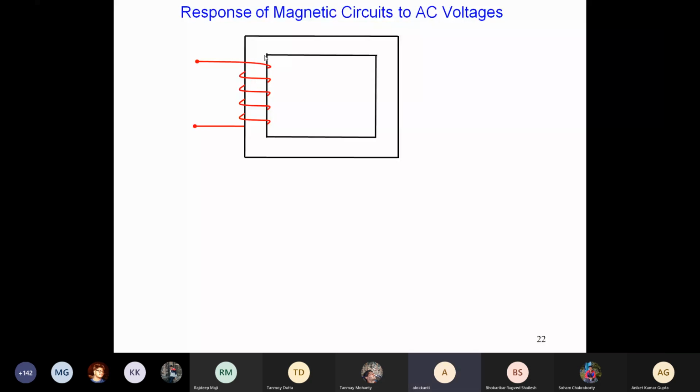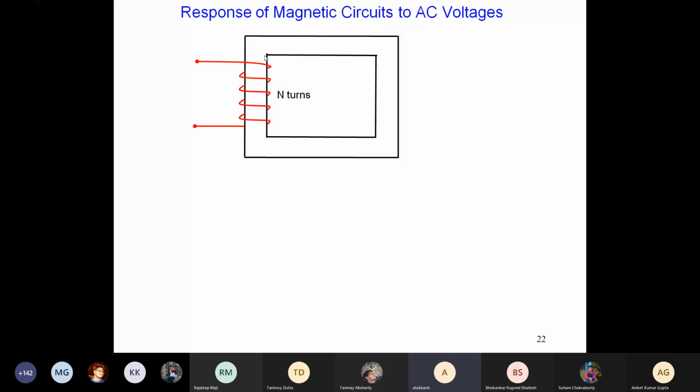As soon as you put the windings, obviously you can count the number of turns, which is going to matter now. Suppose there are n turns over a piece of ferromagnetic material, which for the time being we have assumed to be of rectangular shape. There can be other shapes also, we will show later. This ferromagnetic material is the magnetic material that is going to act as the coupling device.